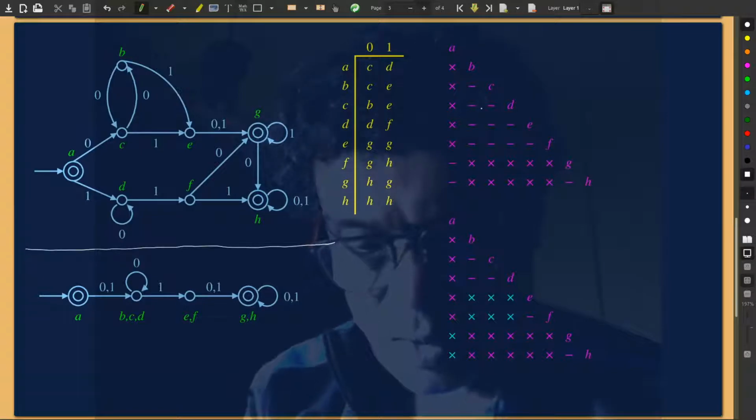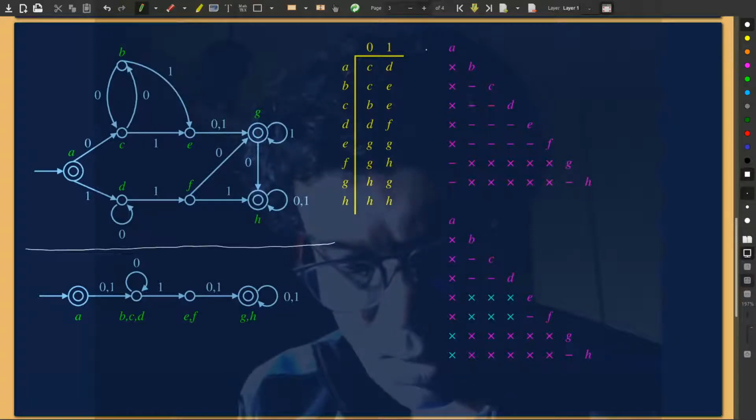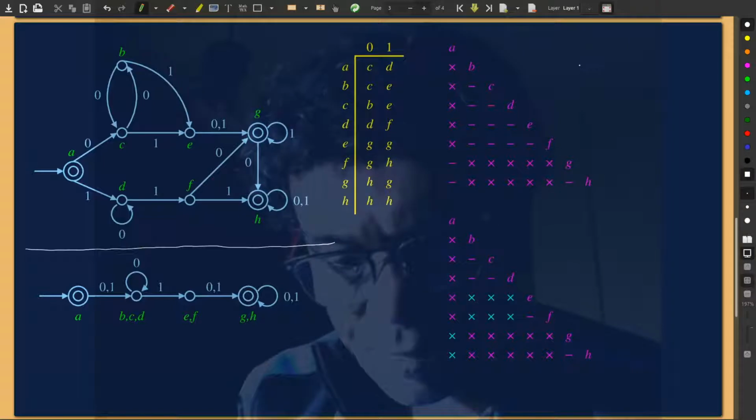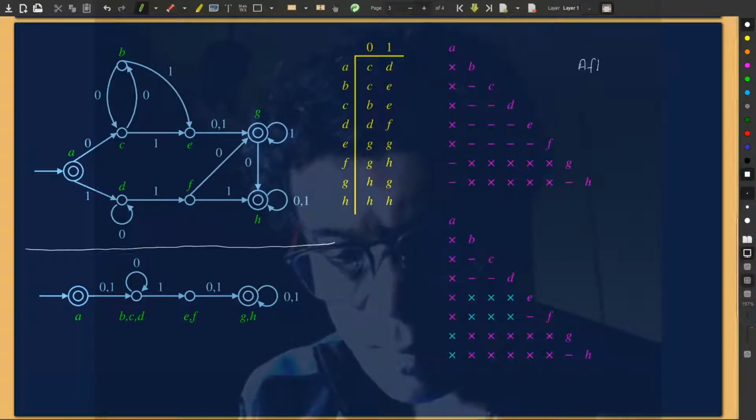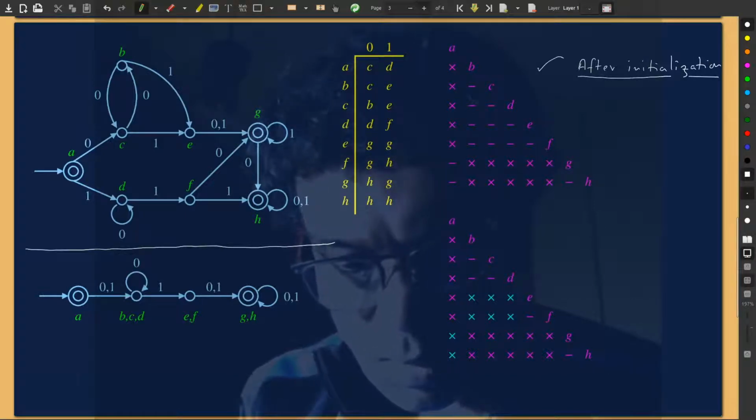This is the configuration of the table after initialization.